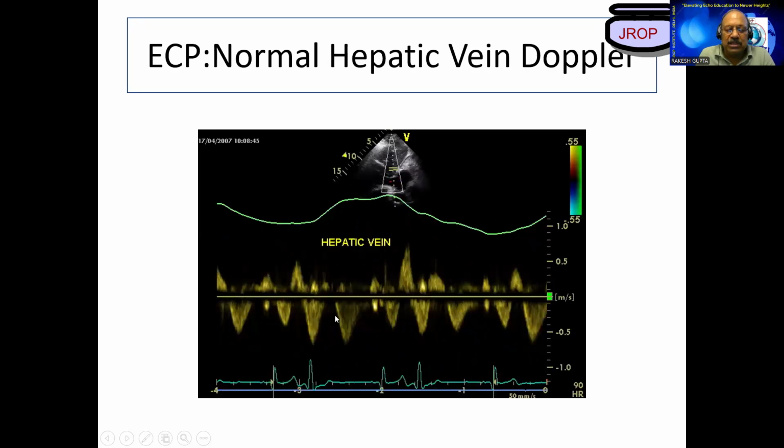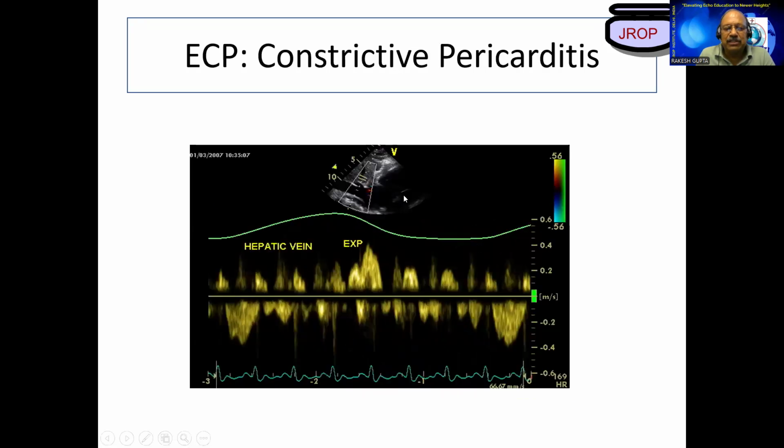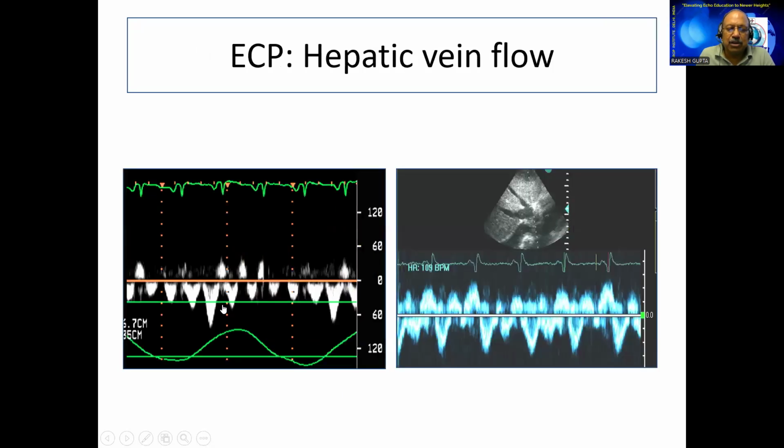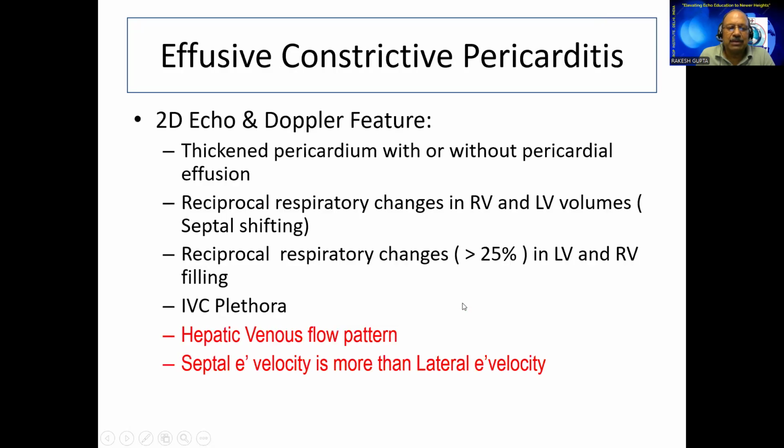Look, all flow during systole and diastole always happens from hepatic vein to IVC. But when effusive constrictive or pure constrictive pericarditis develops, this starts reversing, where the IVC gives rise to flow back into the hepatic vein with the first beat of expiration. And that is very, very important in a subset of populations. Here is normal and here is abnormal.